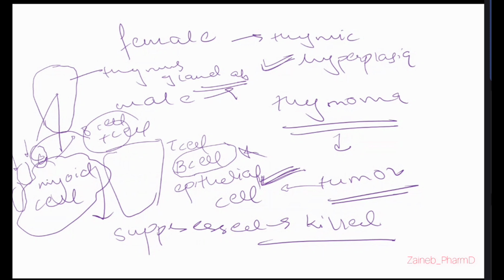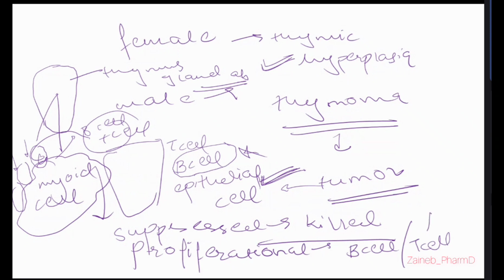So what happens, instead of suppression, it leads to proliferation and the production of even more B cells and T cells. So they come into the circulation, act against the neuromuscular junction, and attack our cholinergic receptors. So this is the mechanism in 85% of patients.